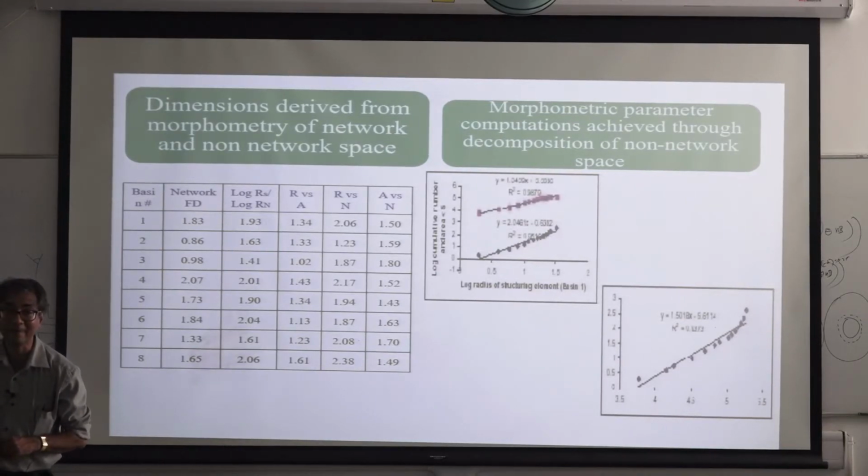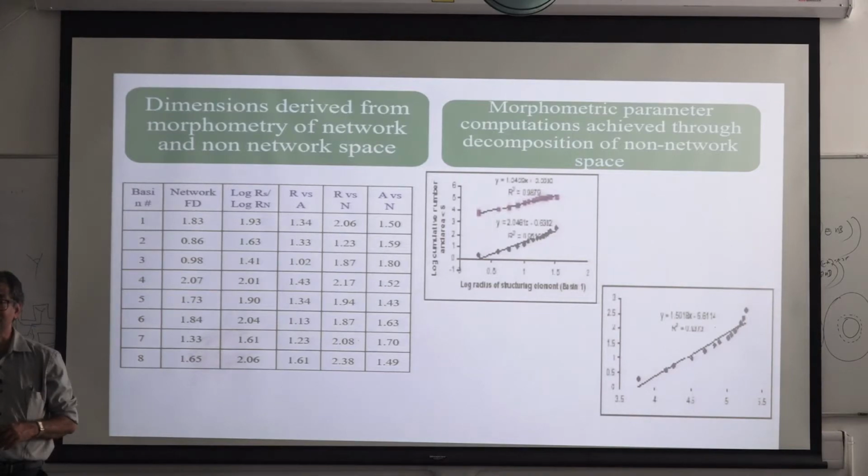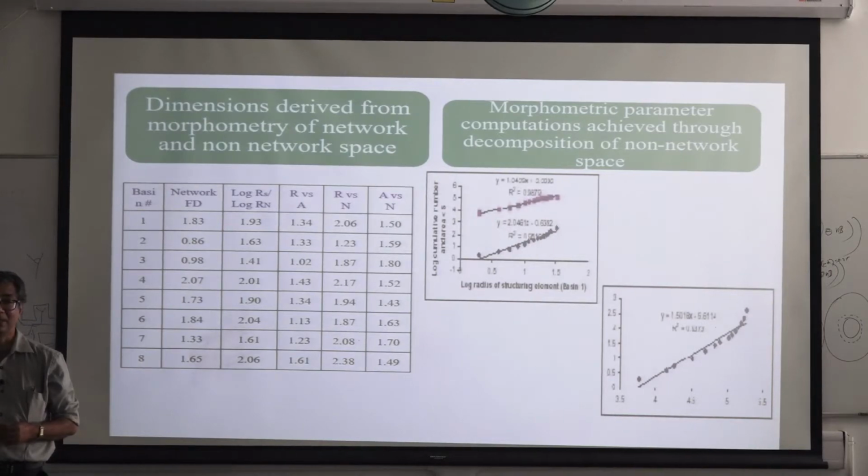WRR, because there is an Italian group, Renzo Rosso, La Barbera. They all have used fractal geometry ideas heavily on river networks. And there were other people, Andrea Rinaldo, Rodriguez-Iturbe, Ignacio. I think you have to look at that book, Fractal River Basins: Chance and Chaos, by Ignacio Rodriguez-Iturbe and Andrea Rinaldo.